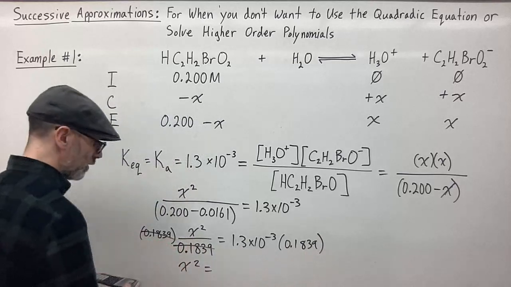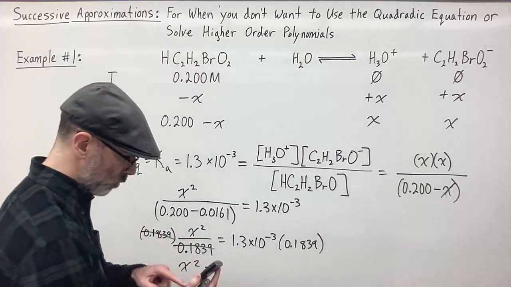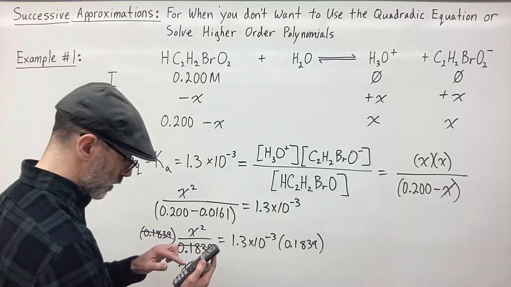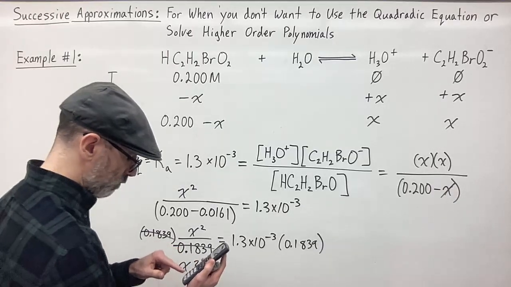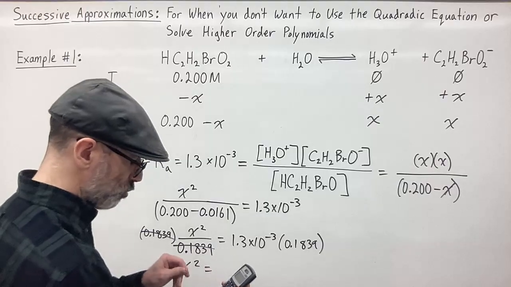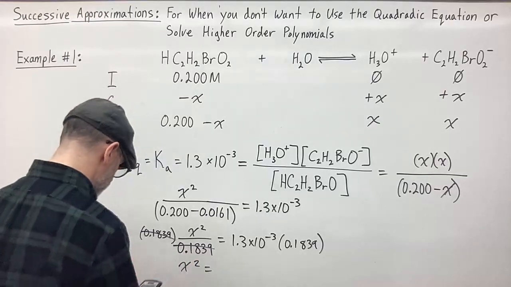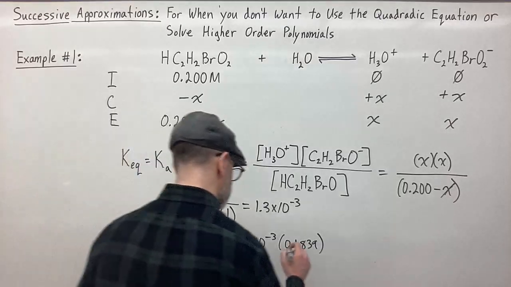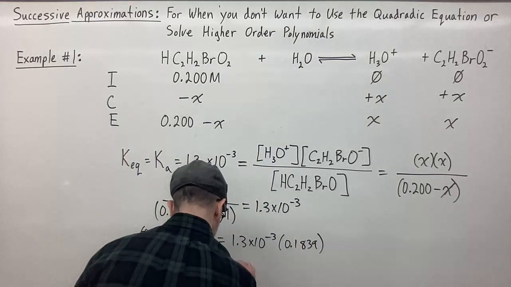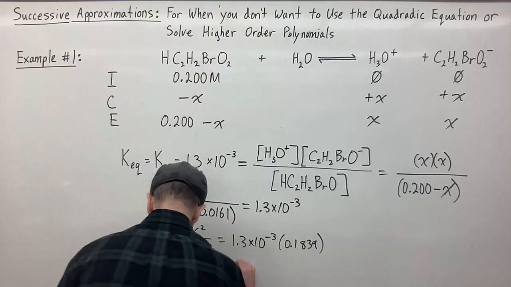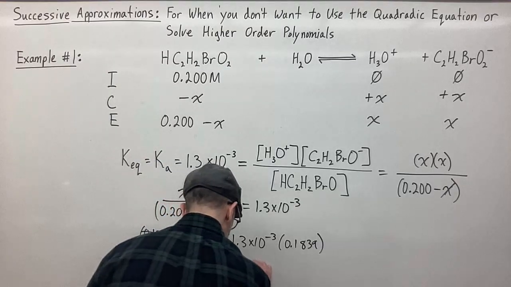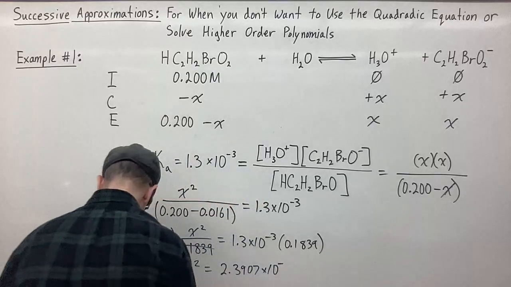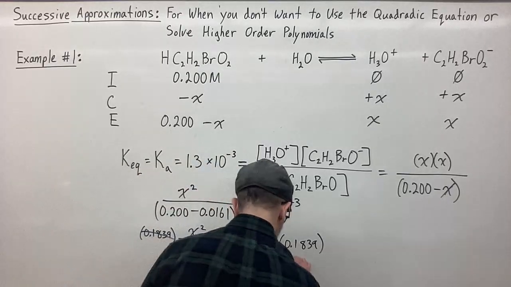And when I calculate that, multiply by 1.3 times 10 to the negative 3 equals, I get 2.3907 times 10 to the negative 4.